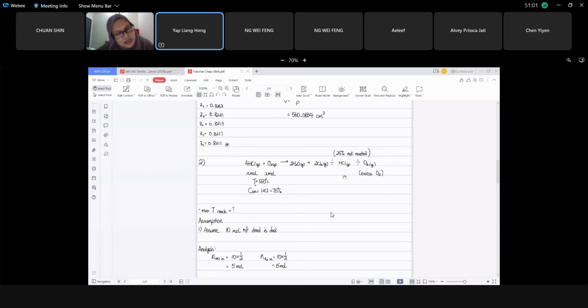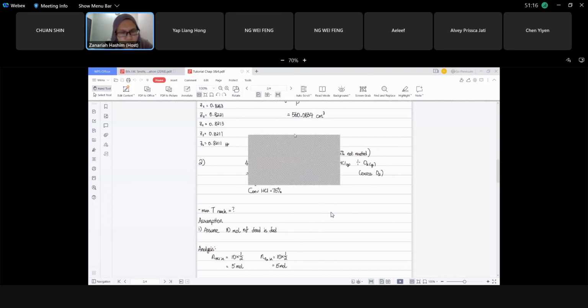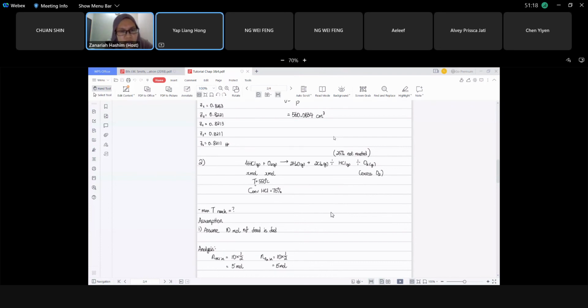Can I? Actually, you cannot put it on the same equation because for the equation you kena buat stoichiometric balance kan. What is this symbol? It's not exactly plus kan. What did you write there? I cannot read. This one is just like a dotted line, so it's not supposed to be in here.